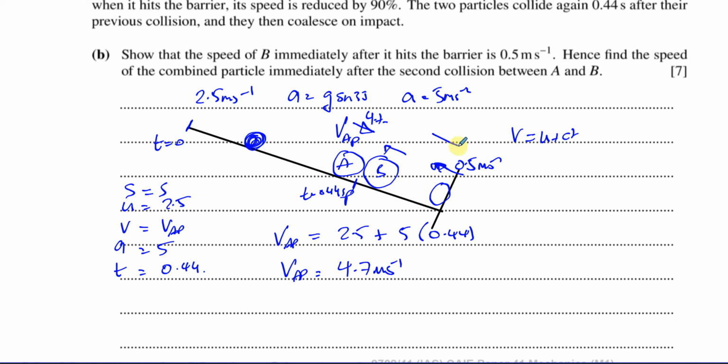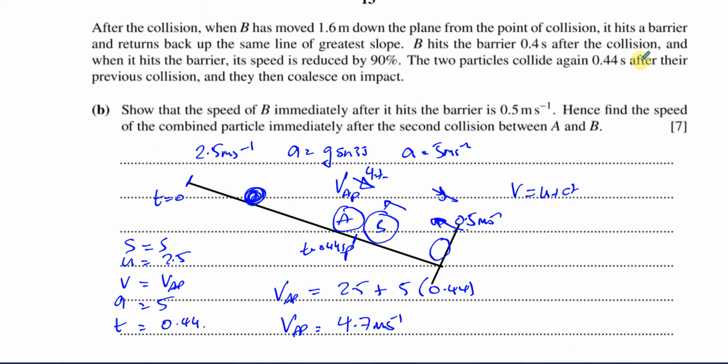Acceleration is acting downwards, and it's going the opposite direction. And the time it's gone from here to here is basically 0.4 seconds. Okay, so B hits the barrier 0.4 seconds after the collision, and then when it hits the barrier, speed is reduced. The two particles collide again after.